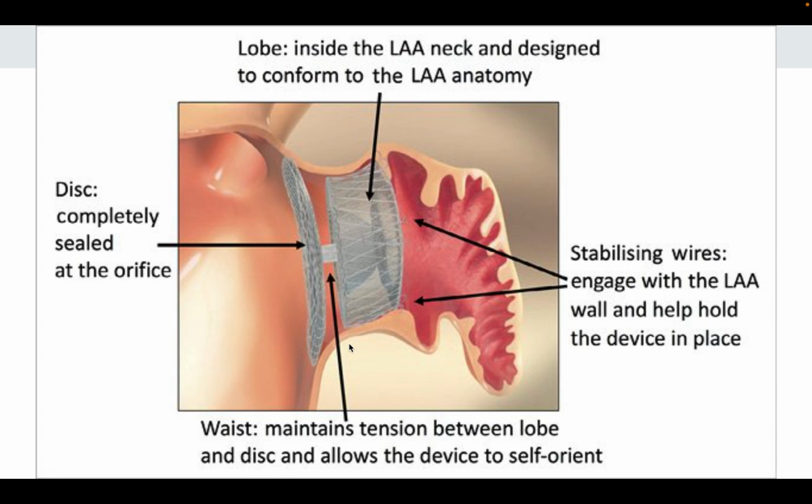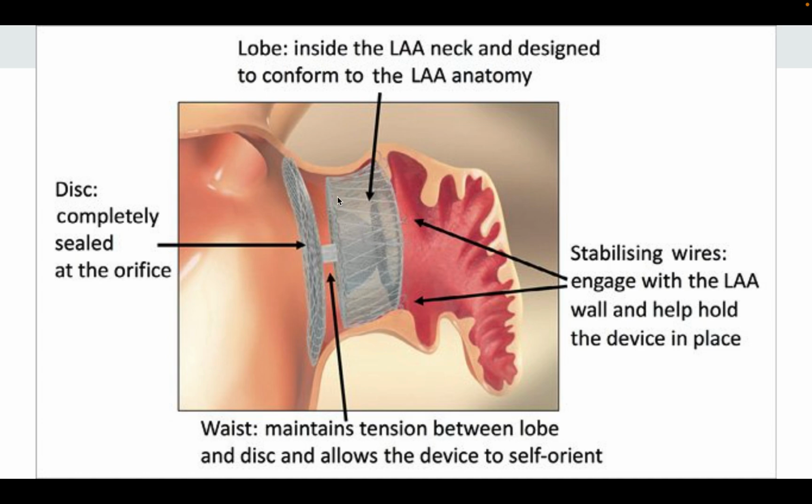And if the compression is too high within the neck of this, then there's risk of eroding into the surrounding structures. So problems that can occur around the left atrial appendage, the circumflex is right near the mitral annulus, you have the aorto-mitral curtain, you have adjacent structures near the aorta.